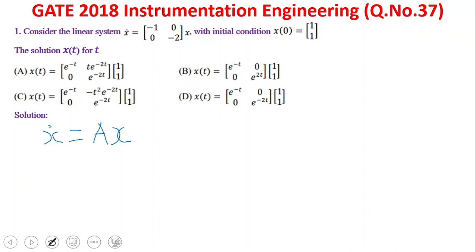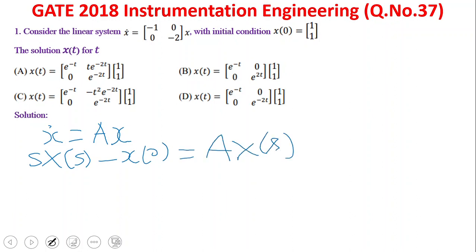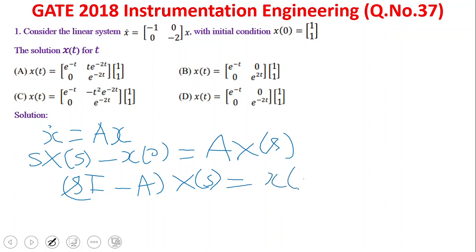Therefore, if you take the Laplace transformation on both sides of this, s into X of s minus x of 0 equal to A X of s. Therefore, if you simplify this, it is (sI minus A) into X of s equal to x of 0.